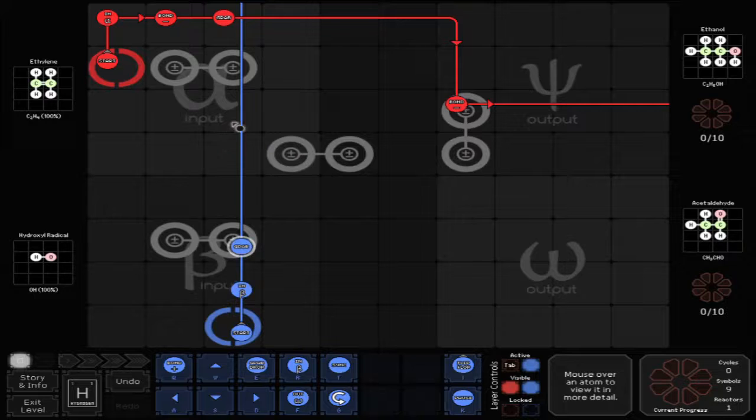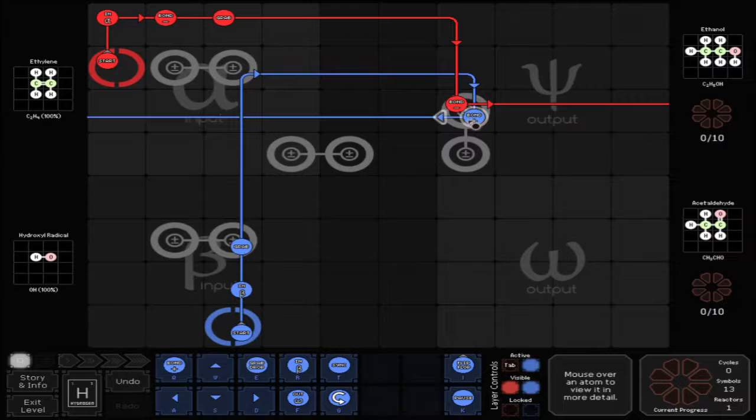He will pick up the oxygen, bond it here. Actually, hang on, he will drop it here and forge the double bond himself.